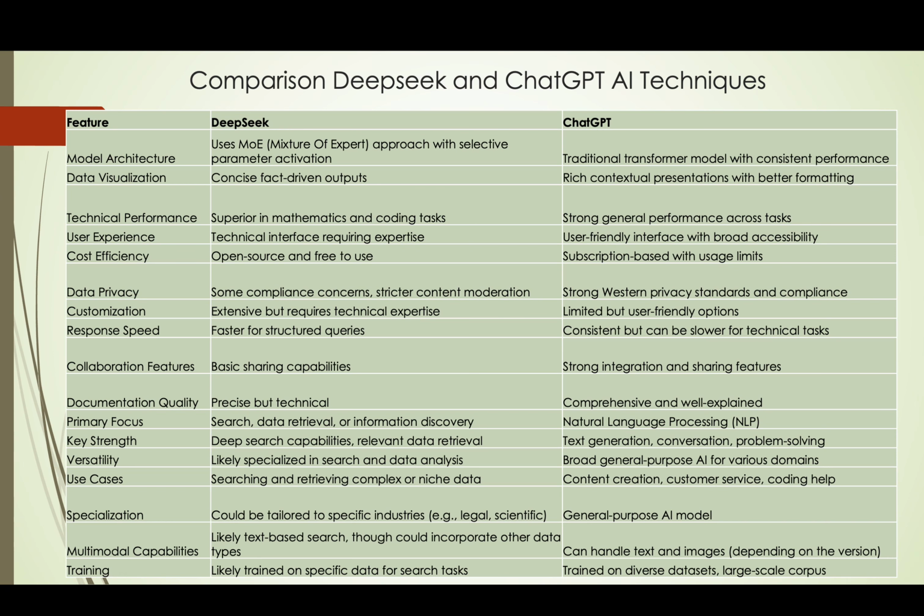Then key strength: deep search capability and relevant data retrieval as part of DeepSeek, and broad general purpose AI for various domains. Then comes specialization and multimodal capabilities and training: likely trained on search data for search tasks, versus training on diverse, large data in the case of ChatGPT.